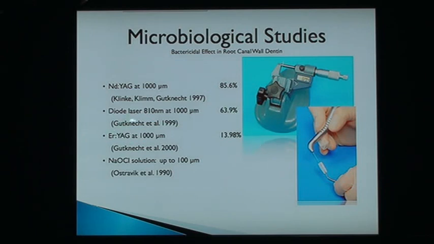When they used diode laser, they achieved 63.9%, but when they used erbium YAG at 1000 micrometer depth, they found 13.98%. Look at this hypochlorite. They cannot study it at 1000 micrometer because this hypochlorite solution can reach a maximum of 100 micrometer.